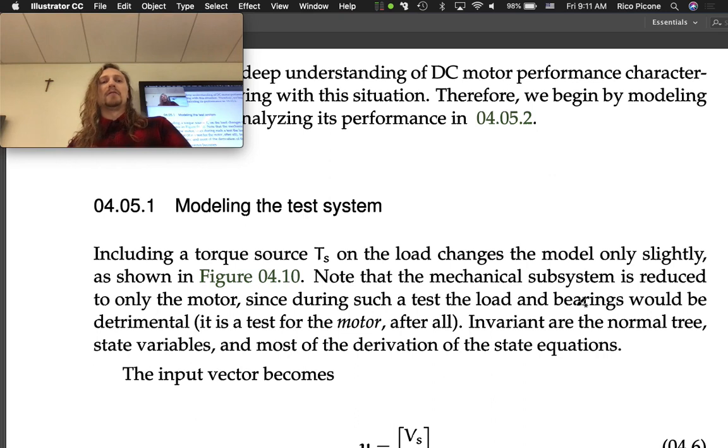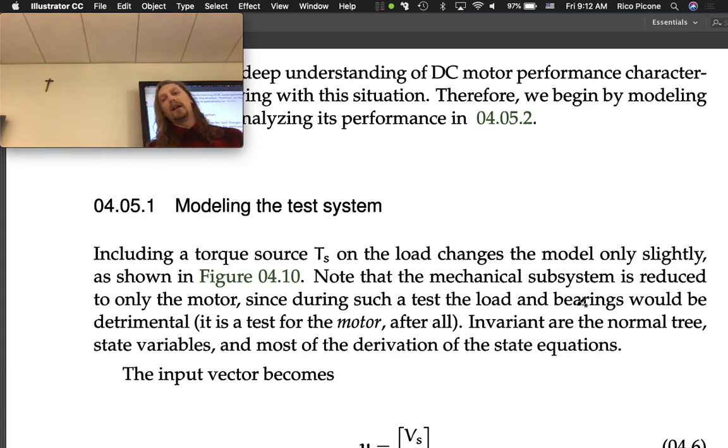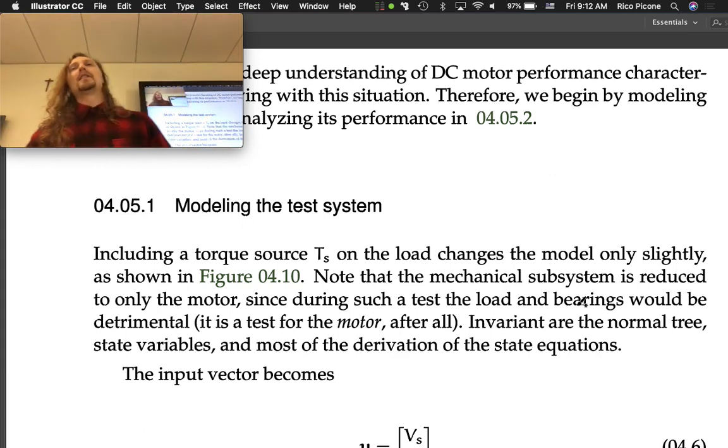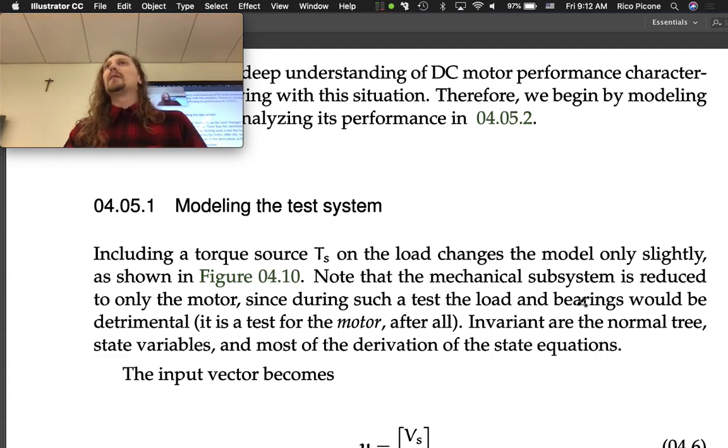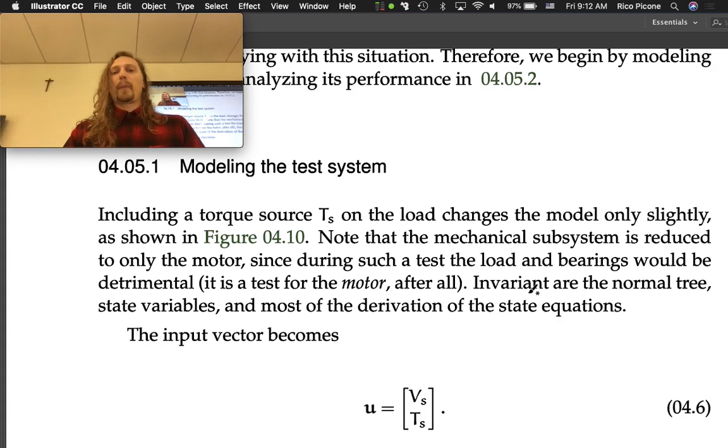The moment of inertia of the flywheel isn't actually important to remove because it doesn't come into the motor performance curves in steady state, but the bearings would screw it up a little bit because they will come into that final expression. So only the motor's internal bearings are modeled in this model.